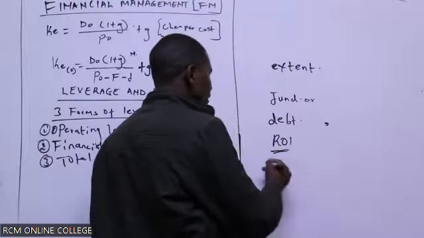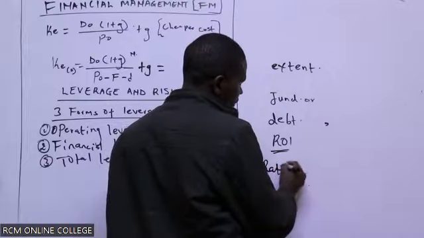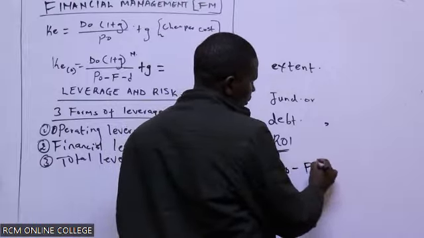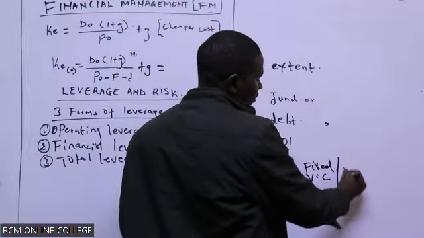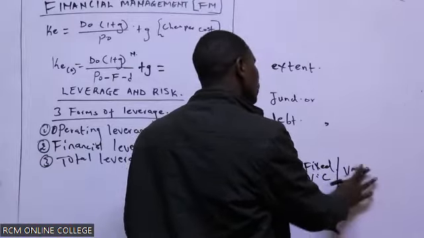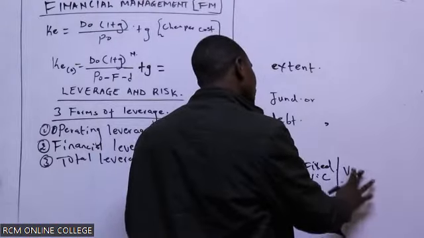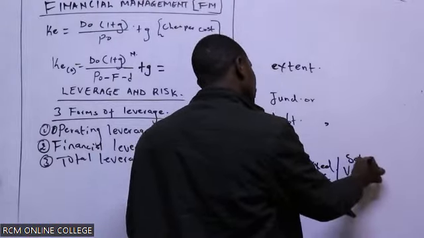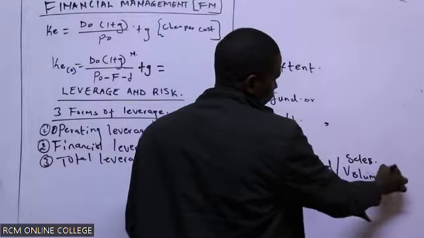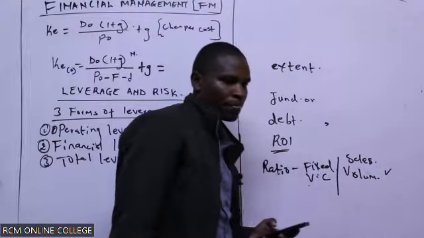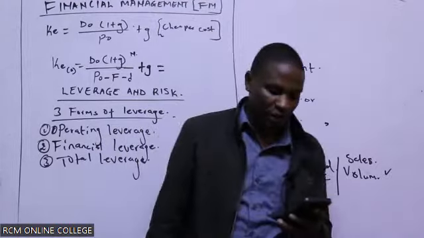So you're looking at the ratio of fixed cost and variable cost, and then there is sales volume. So those are the terms we shall be looking at.